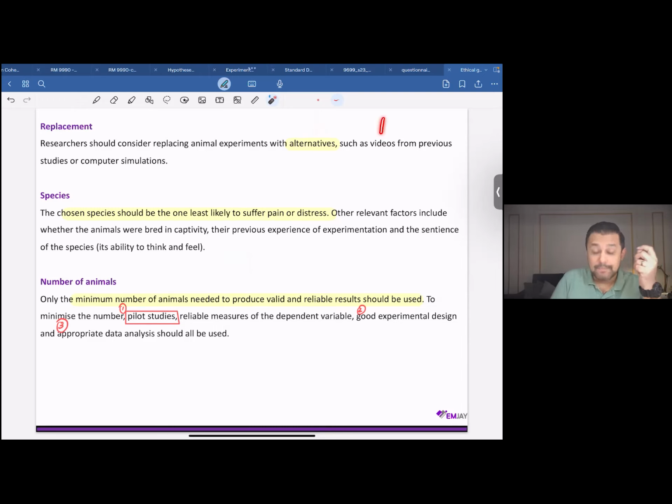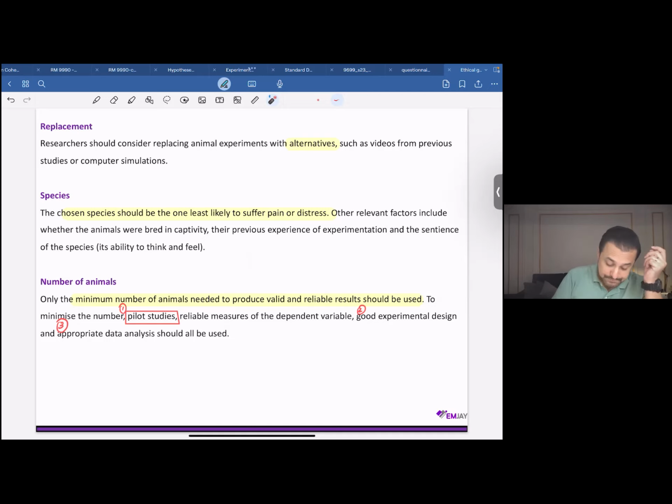There's a possibility that there's a research that was conducted on that particular subject matter before. You might as well use videos from that. You might as well give a thorough read to the previous studies that have been conducted earlier. You might as well use computer simulations. So any alternative that could be thought of to be used as a replacement of a real animal being used in a psychological research, the researchers should try to do that.